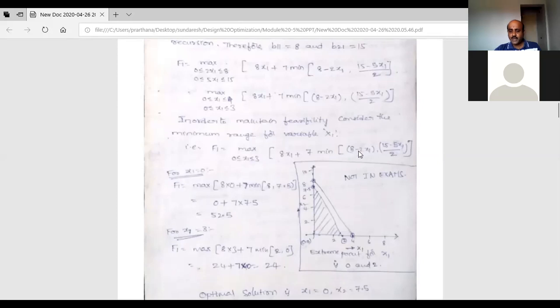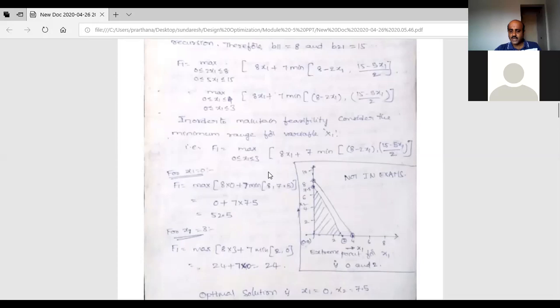This term will become 0, so you are going to get 8, comma, second term. If I put x1 is equal to 0, this term will become 0, and hence 15 divided by 2, which is nothing but 7.5. So this is what we have written over here.